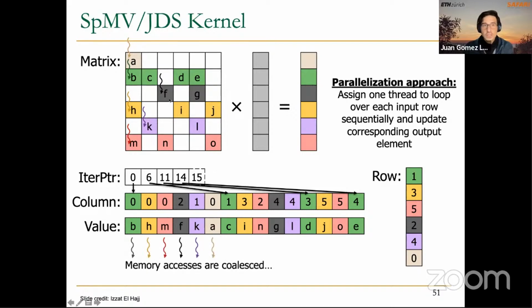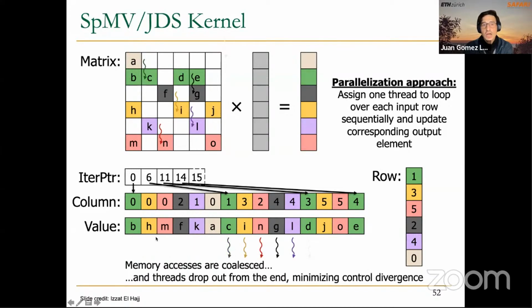So in the first iteration, again, we assign one thread to each row. In the first iteration, as you can see, all memory accesses are coalesced. And also, one advantage of this format is that we managed to reduce the control divergence as well. Why is that? Because the threads that are dropping out after each iteration are threads from the end. Remember the example of the parallel reduction that we discussed in a past meeting, and we also very briefly reviewed in the beginning of this lecture.